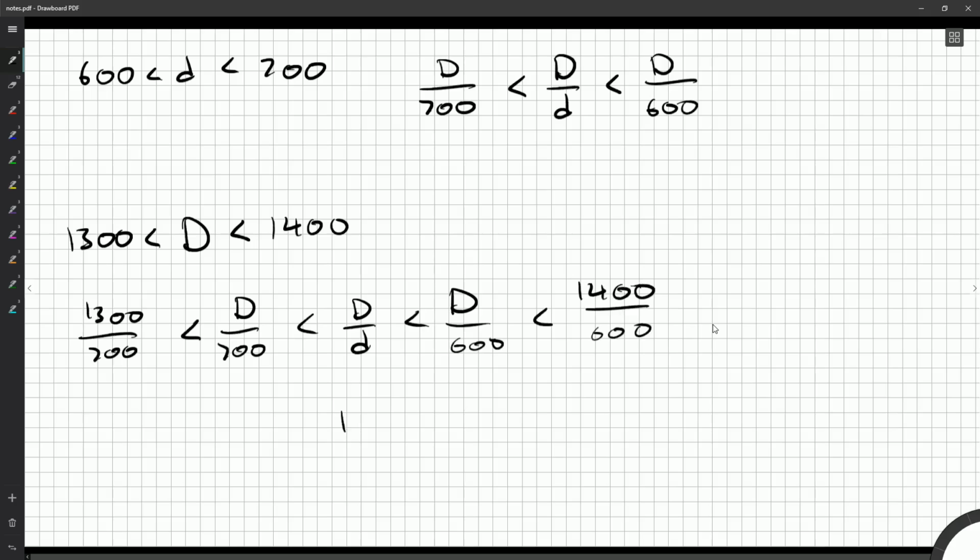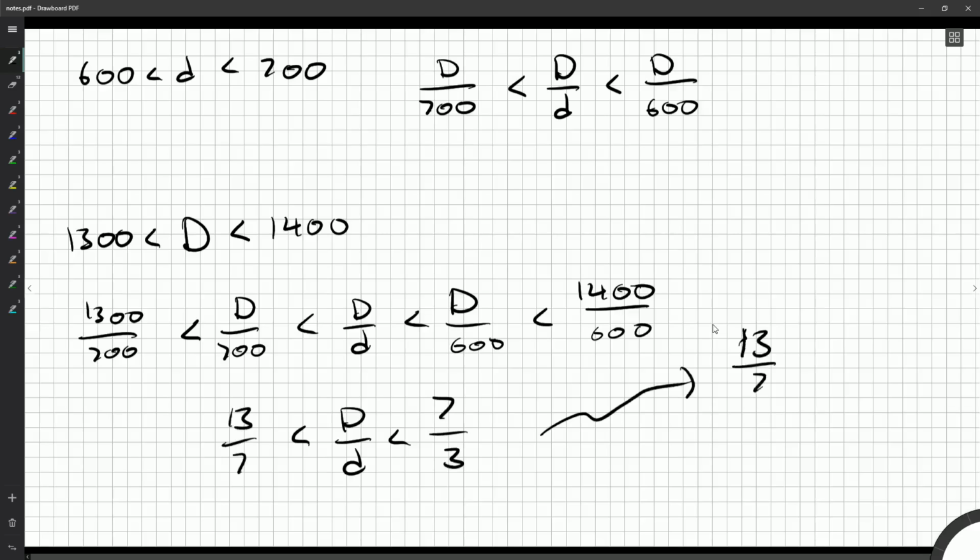These are simpler fractions if we start dividing, so we can say 13 over 7 and 7 over 3. This tells us a range of values for the ratio of Betty's speed to Anne's speed.